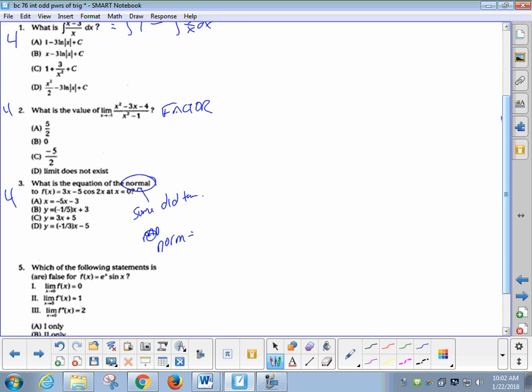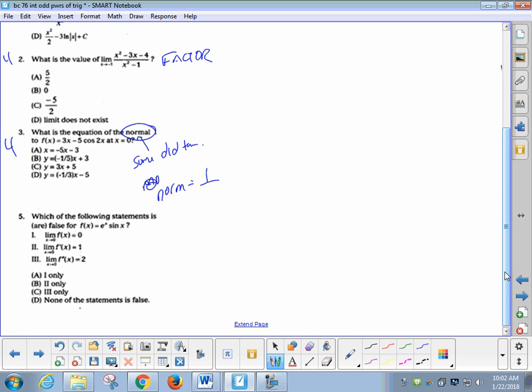Normal is perpendicular. Number 5, I thought about this and I thought, well, you didn't have a graphing calculator, so I'm not sure how 9 people, I mean, okay, I can see how 9 people missed this, but I had people get this right without finding the first or second derivative.